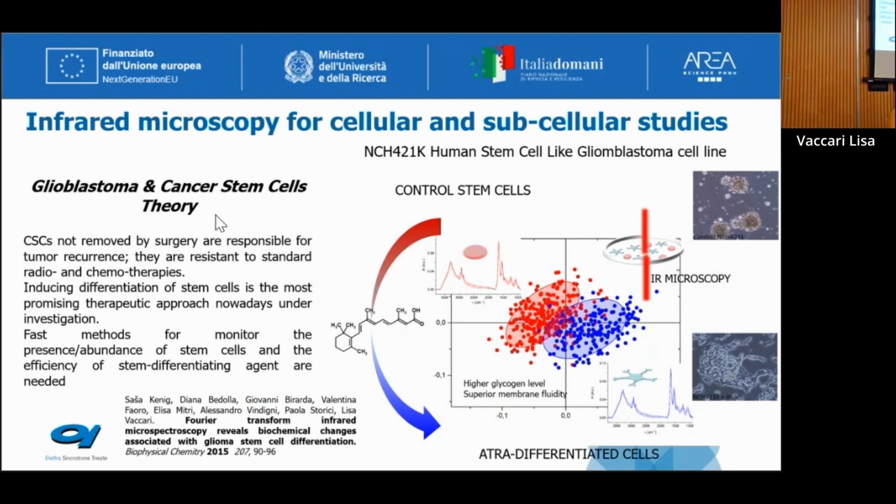Essentially, these points related to this experiment are control stem cells and differentiated stem cells. This was a study on glioblastoma. These dots summarize in a principal component analysis plot this type of cells and this type of cells. So I can differentiate, but this is not really the fundamental point.